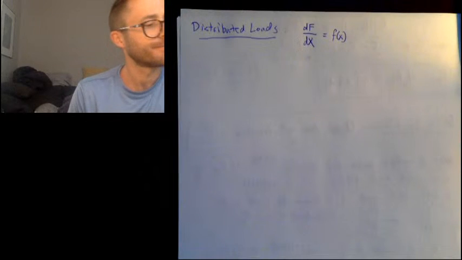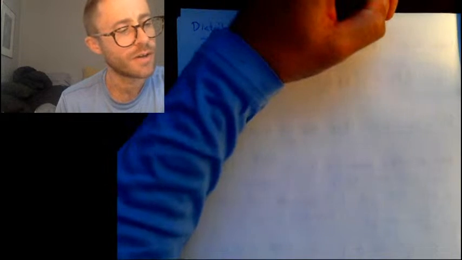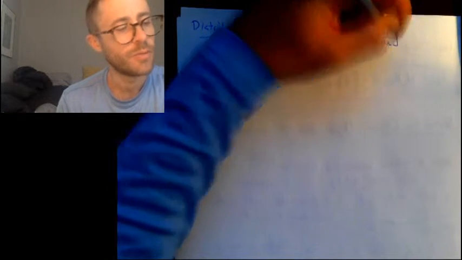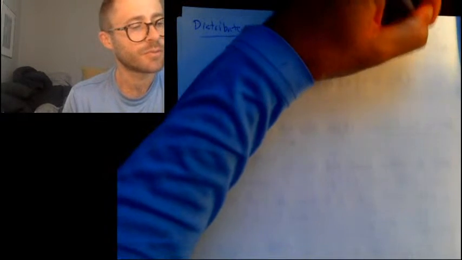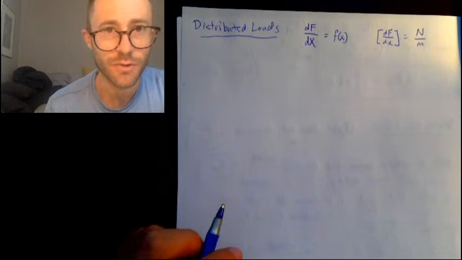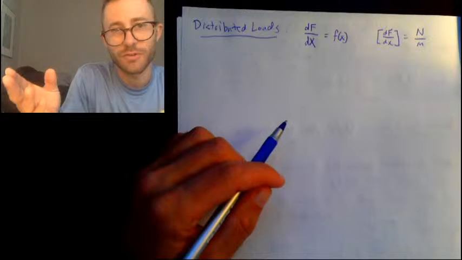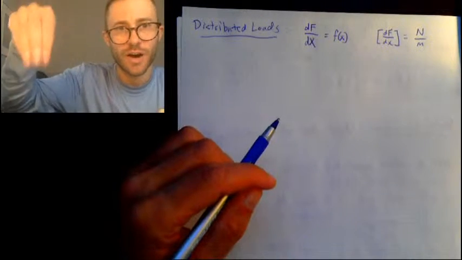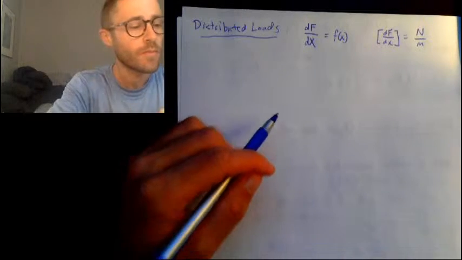Now the units of force per length would be newtons per meter. So you can think about force per length as like the density of force. If force per length has a really large value at a particular value of x, that means there's a lot of force pushing down at that location.